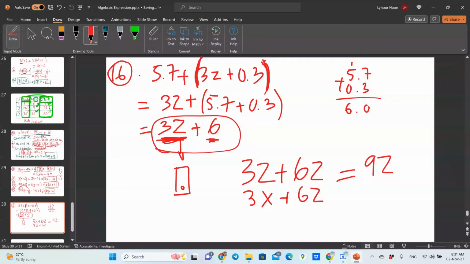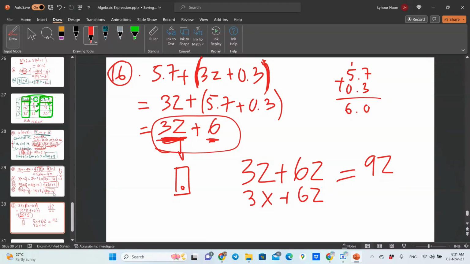Can we add them together? No, they're not like terms, they are not the same items. Like you have 3 iPhones plus 6 motorbikes. I can't add them, it's different items, so we cannot add.